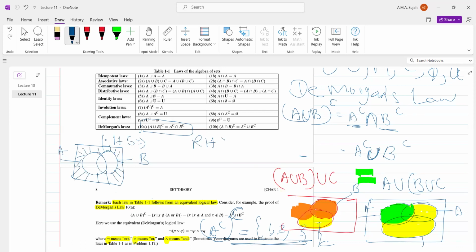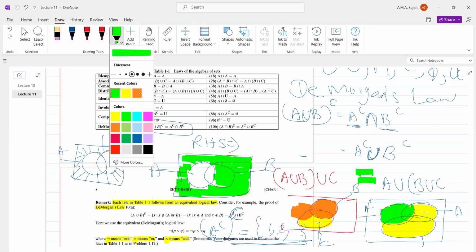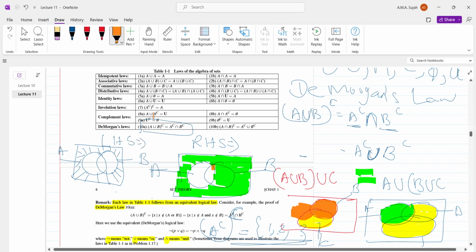Similarly, if you look at the right hand side, I try to explain with two sets, right? Now this is A, this is B. Now tell me what is A complement? A complement means this is A complement, right? Similarly, tell me what about B complement?